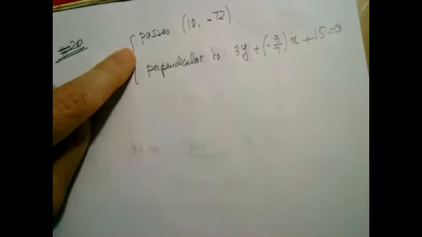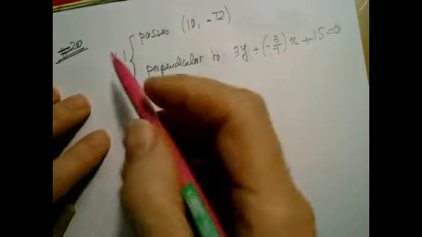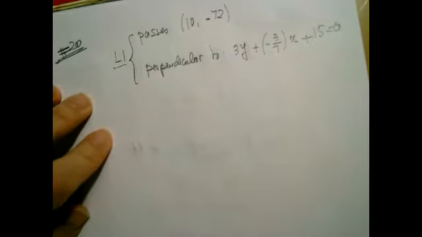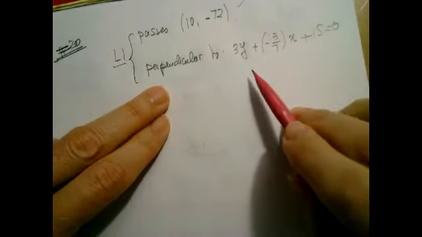So we want a line which goes through this point and is perpendicular to that. To find the equation of the line, as usual, we need two things. We need the point and we need the slope.